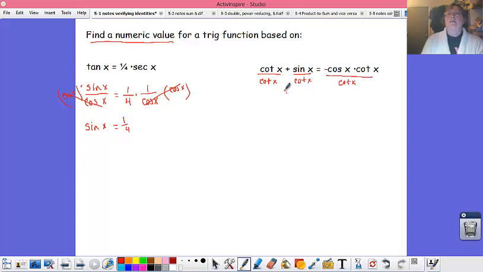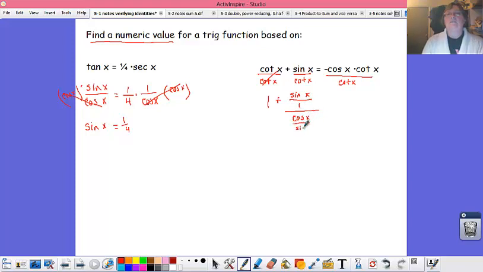Now, here, that's 1. And I have an inkling that I may want to represent that cotangent right there as a fraction, cosine over sine.